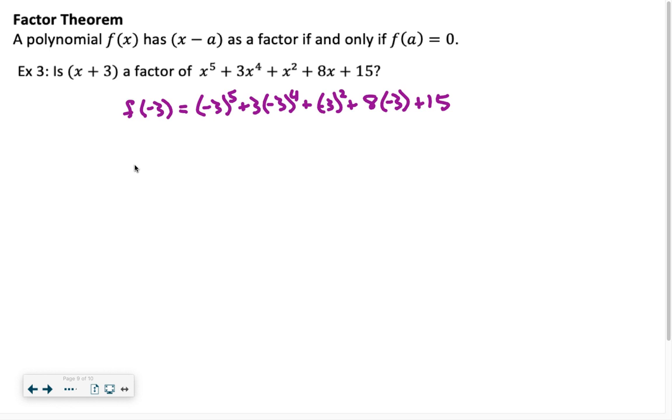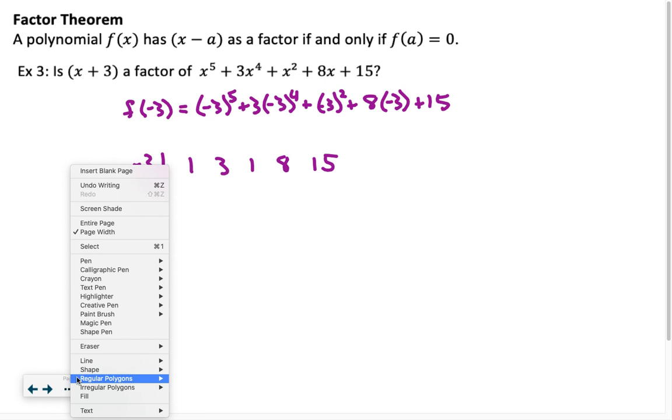So I'm actually going to do that here, right? My coefficients would be 1, 3, 1, 8, 15, right? Oh, I forgot a 0, didn't I? 0x cubed, so that will go right here.